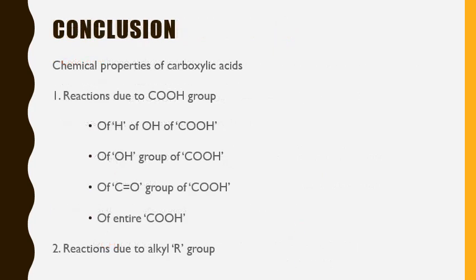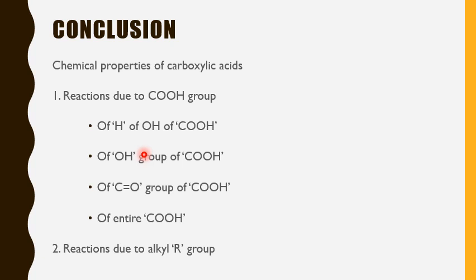So with this we have come to the conclusion of today's class, and with this we have finished the complete chemical properties due to the whole carboxylic acid COOH group, which included 4 categories, and also the reactions due to the alkyl R group. So we have seen a wide range and n number of reactions where n carbon to n plus 1 carbon and higher homologues are prepared, and also degradation reactions where n carbon to n minus 1 carbon, like decarboxylation, and so many such examples.